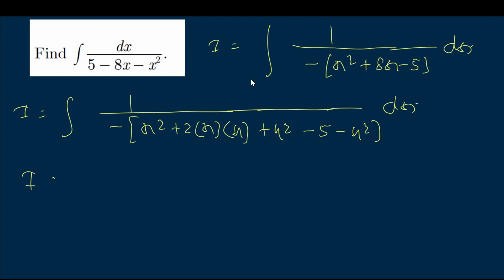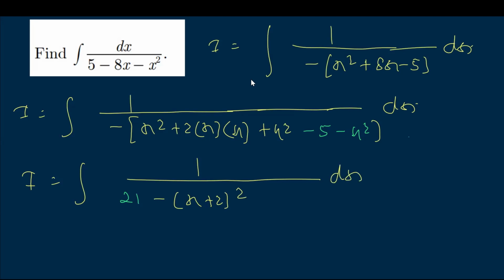This is I is equal to integration 1 over. Let's check for this part. This I have to keep right outside. This is how much? Negative 21 outside, but then there is a minus over here, so it will come as positive 21, and minus this part. On completing the square, I can write this as x plus 4 whole square dx.